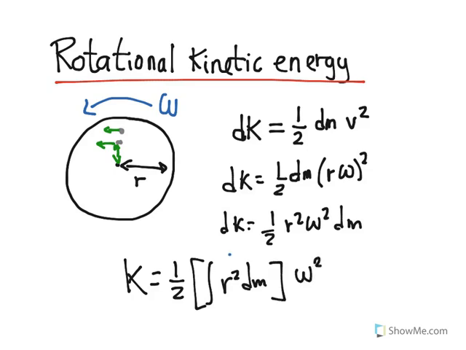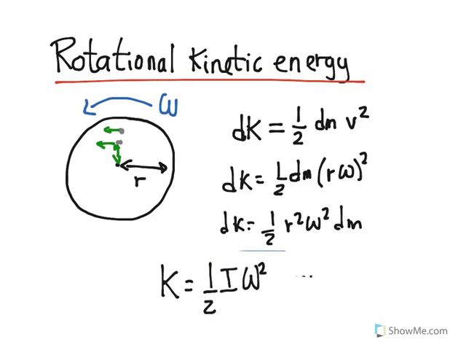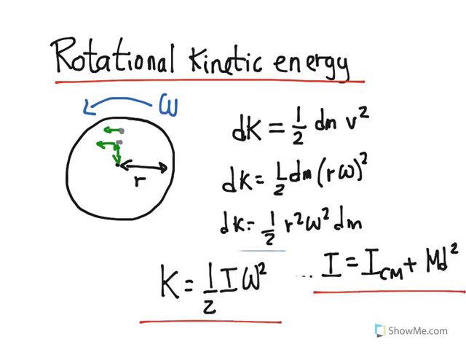And this integral, by definition from previous explanations, is the moment of inertia. So the kinetic energy for rotation is 1/2 moment of inertia of the body times omega squared. Remember that the moment of inertia is defined for each body, and also by the parallel axis theorem, so you can look for this in previous tutorials.